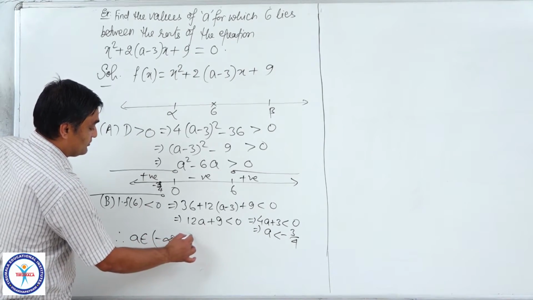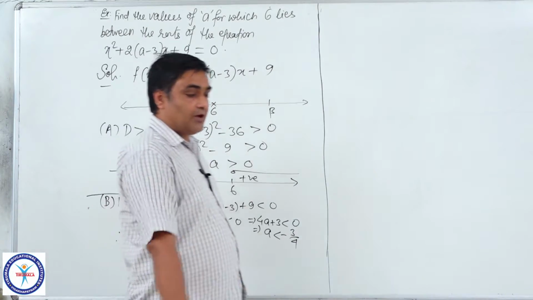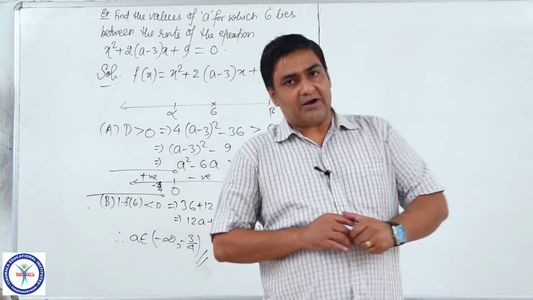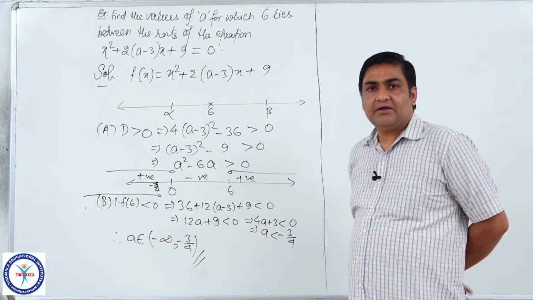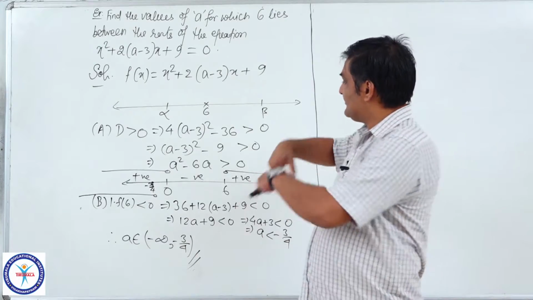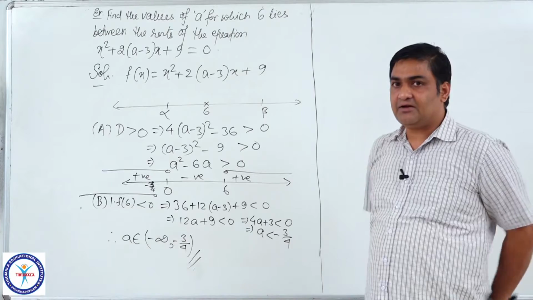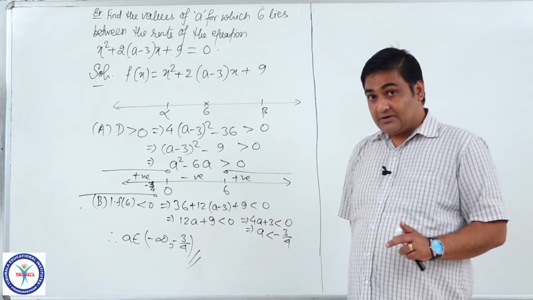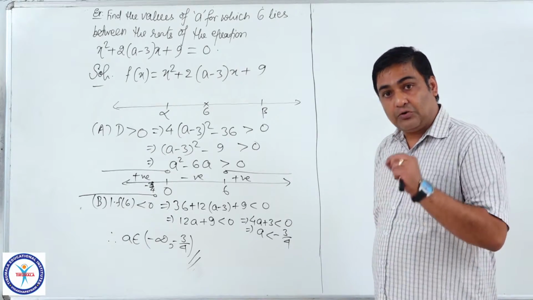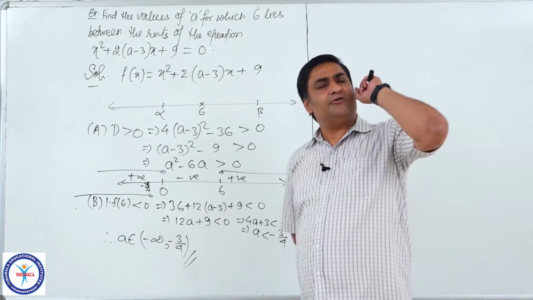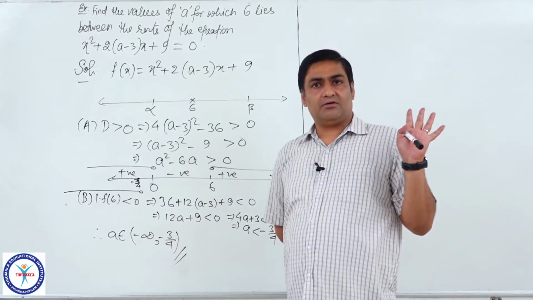Minus infinity to minus 3 by 4. This is our answer. Here the checking condition for D is not necessary. That is included in this f of 6 less than 0. But as I have already said, do not think about when to check the condition on discriminant and when not to.